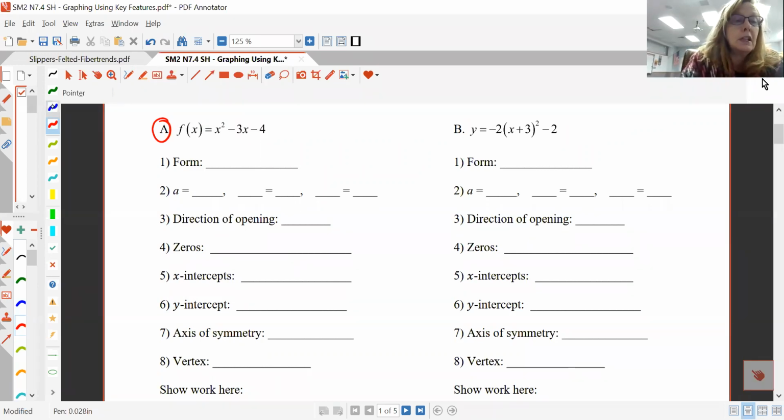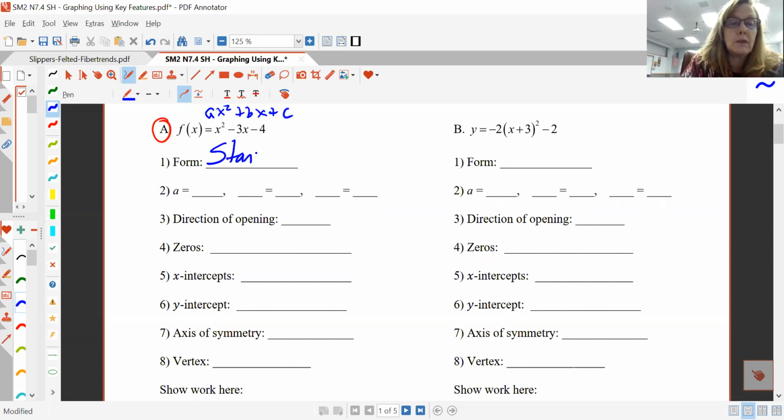And essentially, that would be then the ax squared plus bx plus c pattern, which is my standard form. So then if I don't see a number in front of the x squared, the number is 1. So a is 1. B is the number in front of the x, which is -3. C is the number that's by itself, so C is -4.